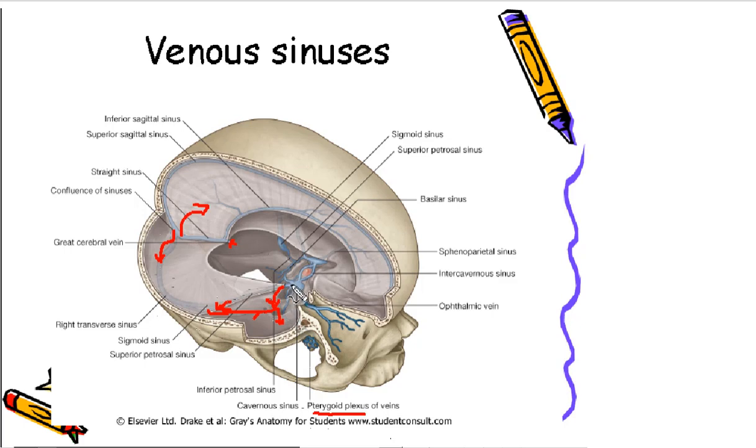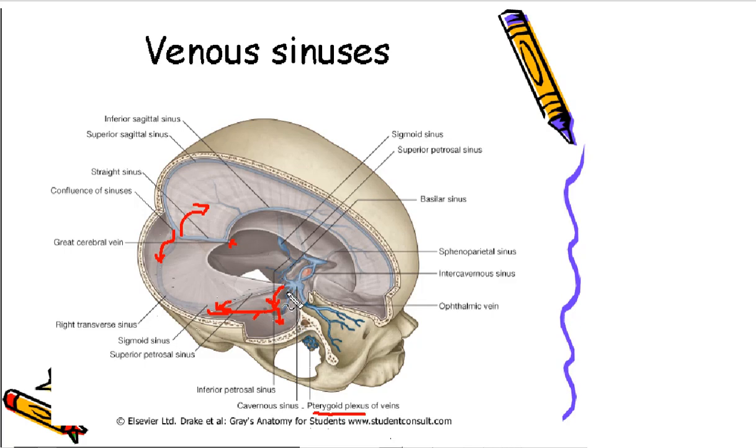So if there is a thrombus formation, the intracranial pressure will rise, because remember the CSF drains into the venous sinuses. So the intracranial pressure rises and that causes a lot of problems. So the communications of this cavernous sinus are extremely important.